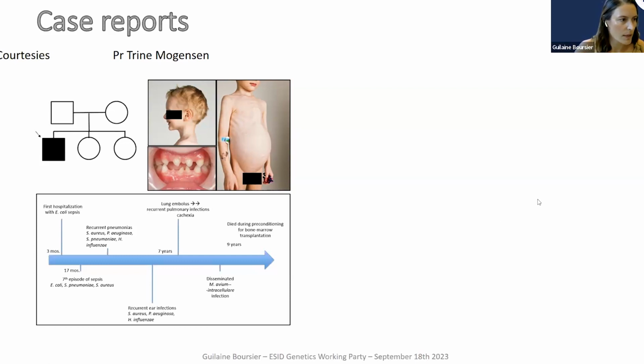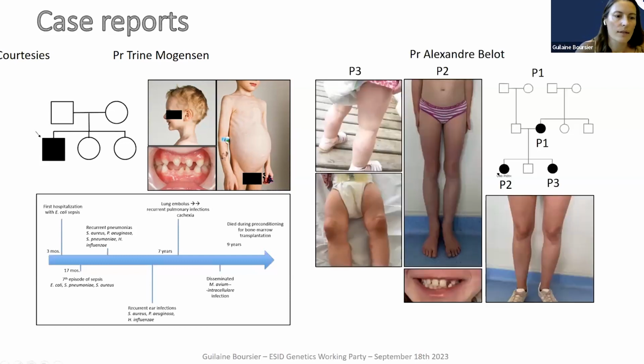The second family has a family history: a mother and her two daughters with panniculitis, uveitis, splenomegaly, and recurrent fever since birth for the three patients. And the younger daughter sometimes experienced arthritis.